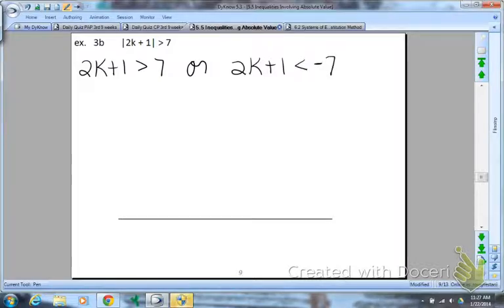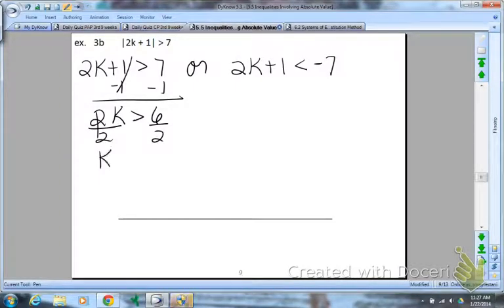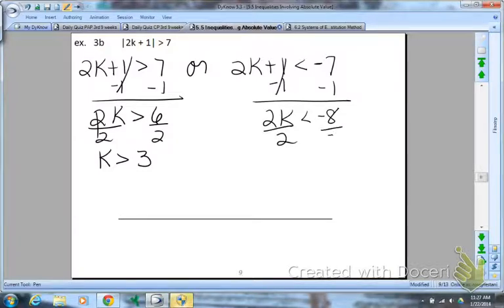Now we have two separate equations we're going to have to solve by subtracting 1. 2k is greater than 6. Divide by 2. k is greater than 3. Over on the right, subtract 1. 2k is less than negative 8. Divide by 2. So k is less than negative 4.